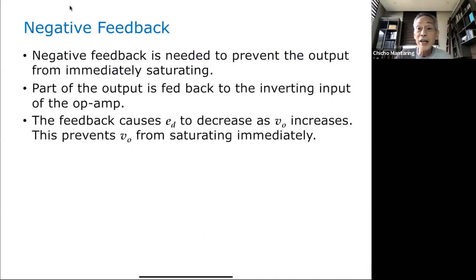V sub O tends to regulate itself because of the feedback, na hindi siya magiging masyadong malaki o hindi siya magiging masyadong maliit. So another way of saying this is V sub O is trying to prevent itself by feeding back part of it to the inverting input. It is trying to prevent itself from saturating immediately.